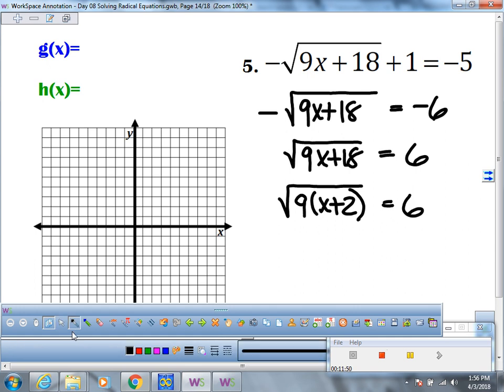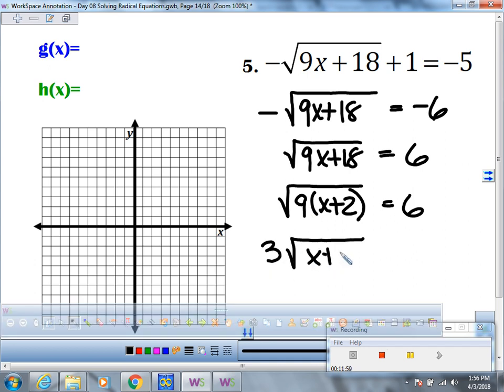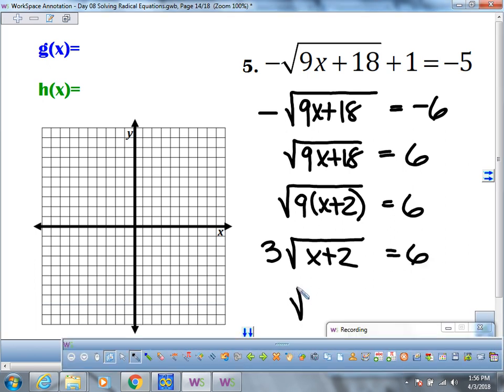So can't I pull a 3 out? That's really 3 squared. So now I have 3 times the square root of x plus 2 equals 6, which is really much easier, correct?